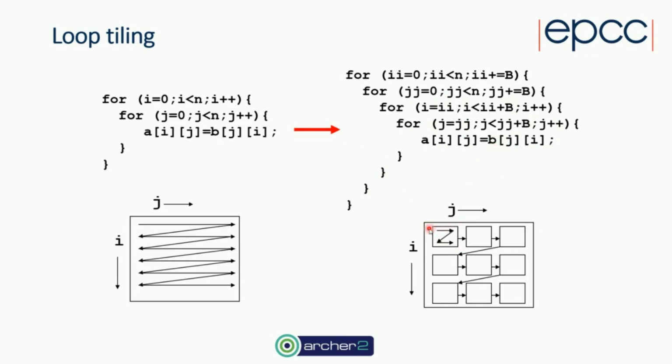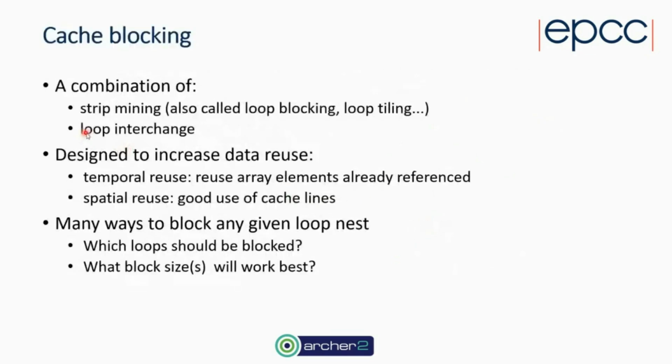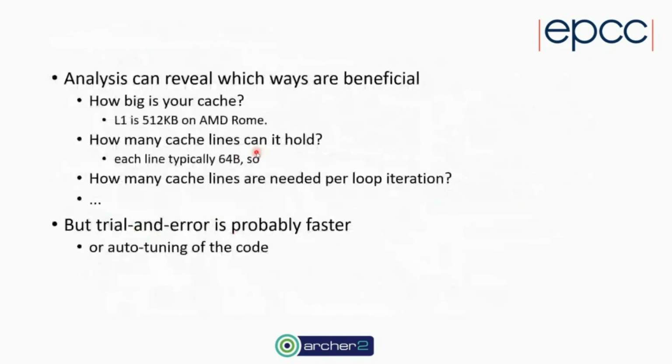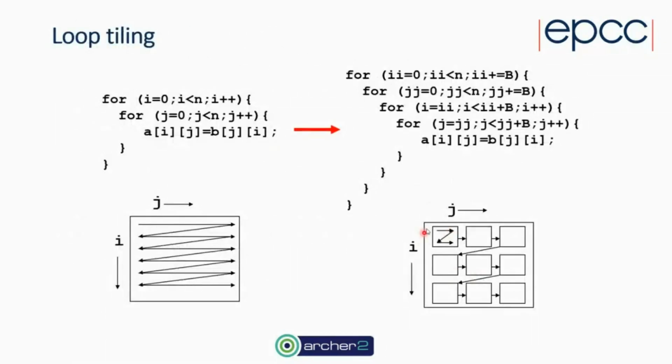If we can tune this so the size in J and the size in I are correct for the cache we're working with, so that will be how associative it is, how many elements in the block we can map our data into before it gets kicked out of a cache, and our cache line sizes, 64 bytes or something, if we can tune these two things sensibly, then we can get back to perfect cache use, or as good as possible cache use, by doing this kind of blocking.